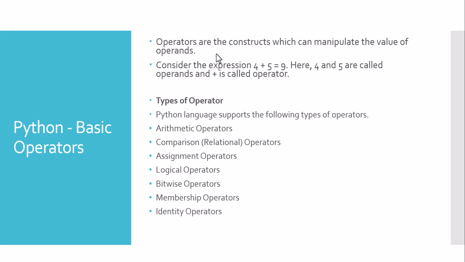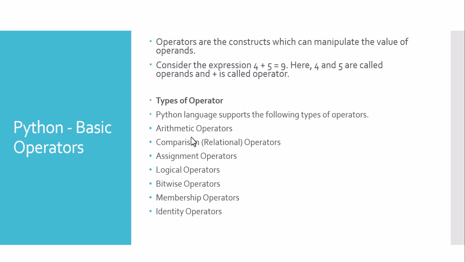Consider the expression 4 plus 5 is equal to 9. Here 4 and 5 are called operands, and plus is the operator. Because of plus, it adds both and gives the result 9. So an operator is basically used to manipulate the value of the operands.